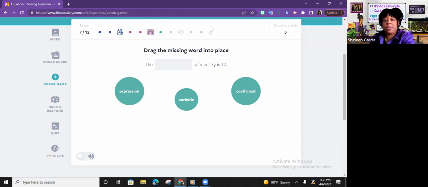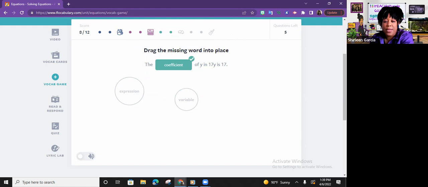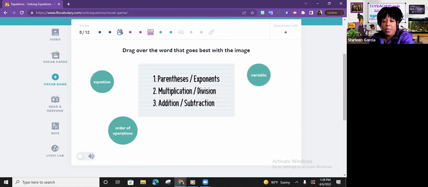Okay, I would take that. The 17y is an expression, but we're just asking what is the 17? The y is the variable because that's the symbol or the letter. What is the 17? It's married to the y, it's going to multiply. Yeah, the number is the coefficient, the letter is the variable. Good job.